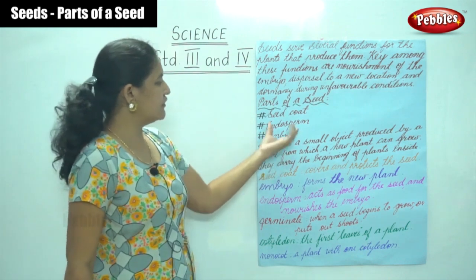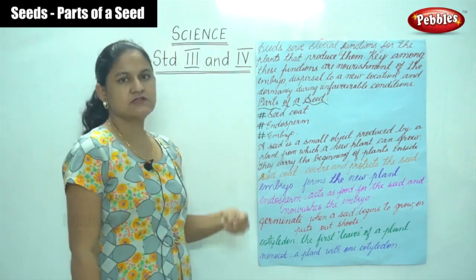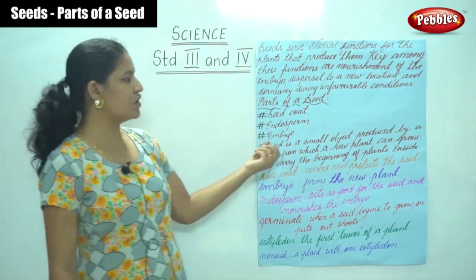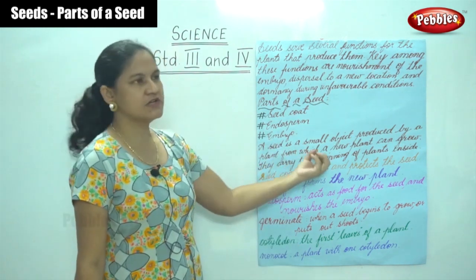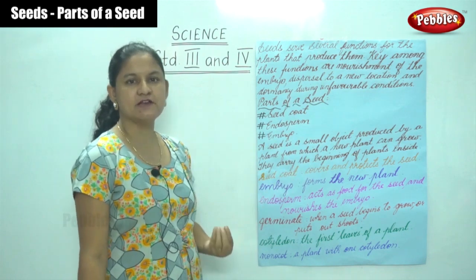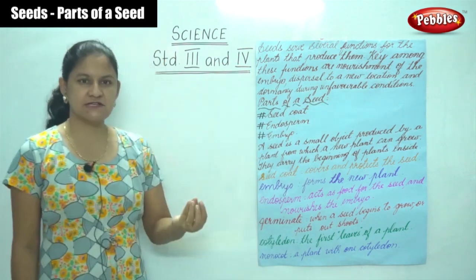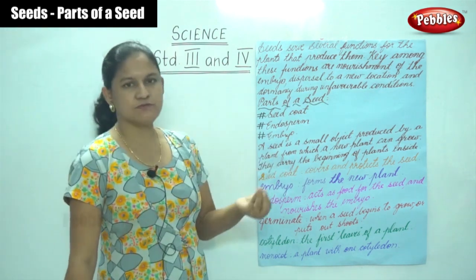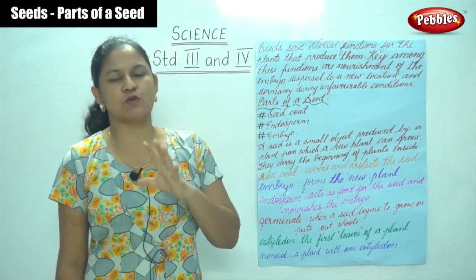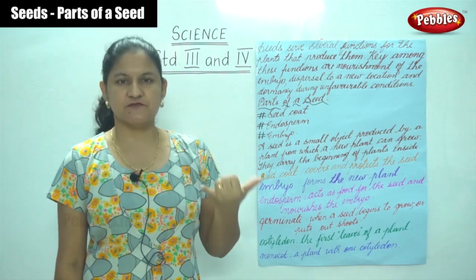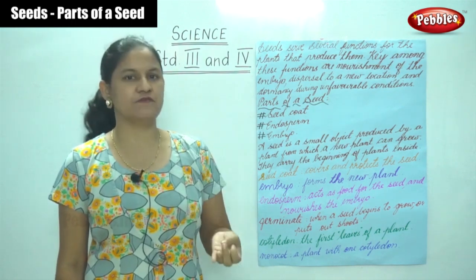So moving on to the seed. A seed is a small object produced by a plant from which a new plant can grow. Each and every fruit or plant has different sizes and shapes of seeds.